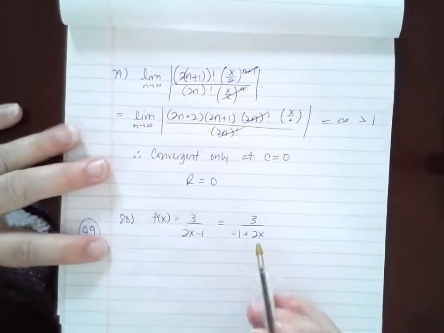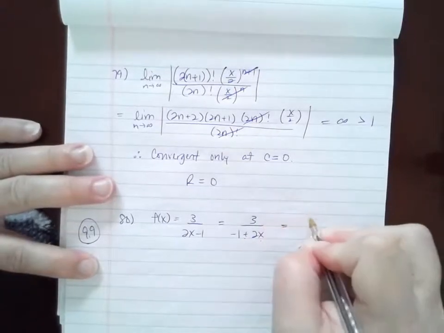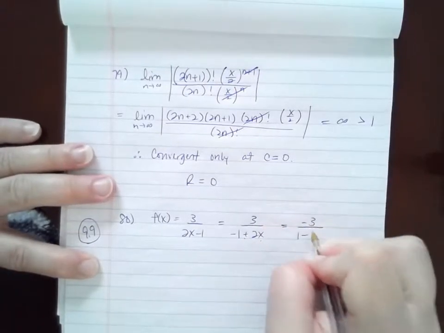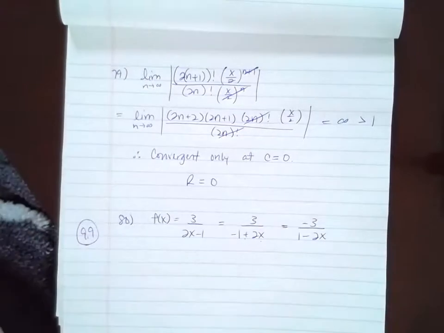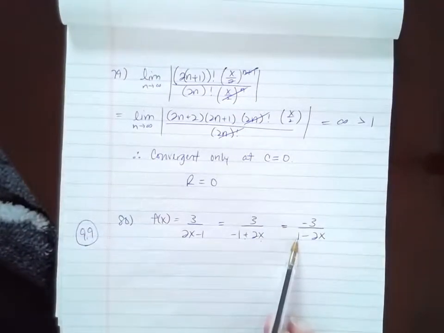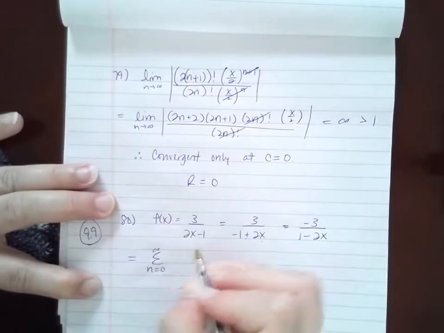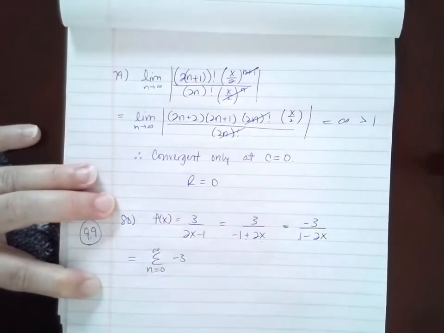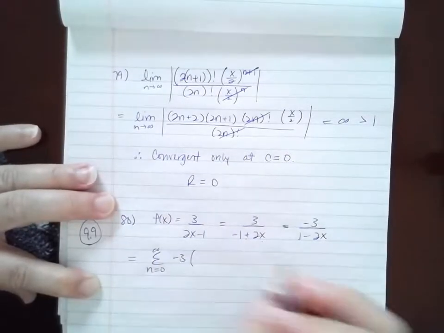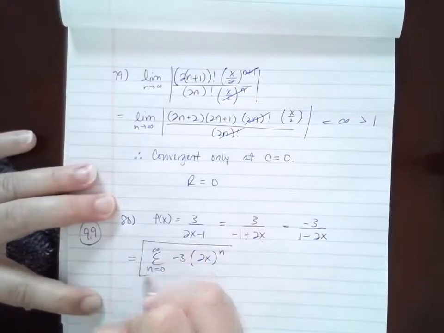It's also important to have this symbol in the middle being a subtraction problem. So if I multiply everything by a -1, I do have the minus that I need. It's also important to have this first term be a 1, and it is, so I don't have to go any further. This is the geometric series from 0 to infinity of -3. That's my a value. I throw my r value in here, and this is my geometric series.